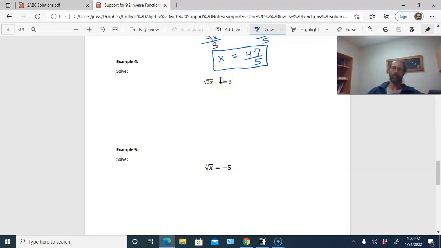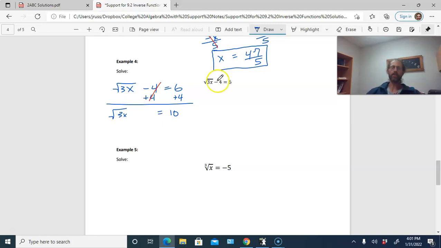First let me rewrite this equation over here: the square root of 3x minus 4 is equal to 6. To eliminate that minus 4, we're going to add 4 to both sides. This will leave us with the square root of 3x is equal to 10.